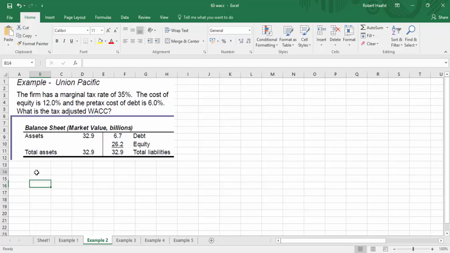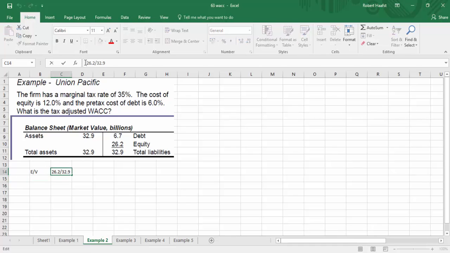Again, I always find it easier to mention all the data again. So the equity to value is basically equity 26.2 divided by the total value 32.9.